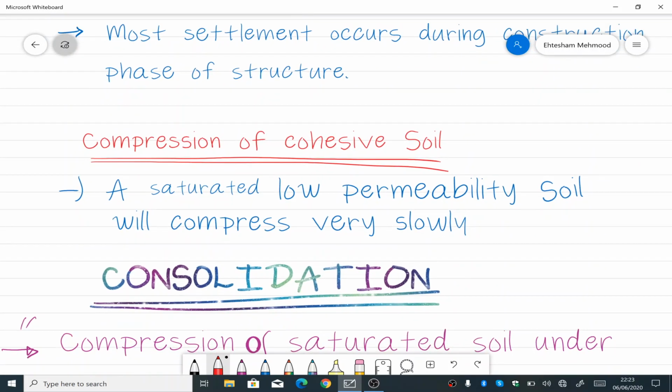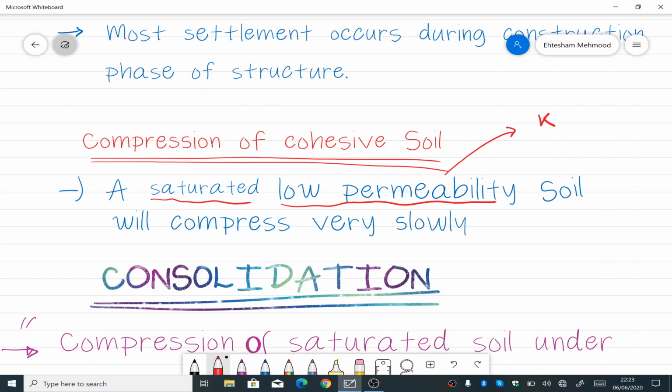Compression of cohesive soils. A saturated soil with low permeability will compress very slowly. That means if the soil is saturated and it has a lower permeability, the soil will compress very slowly. And what is permeability?